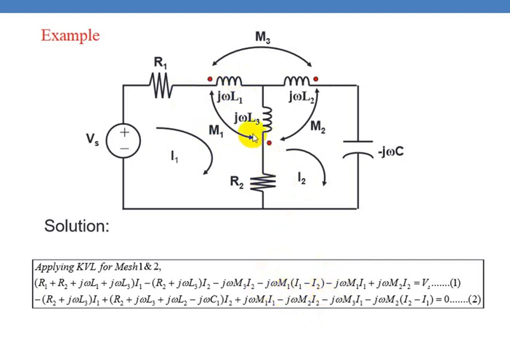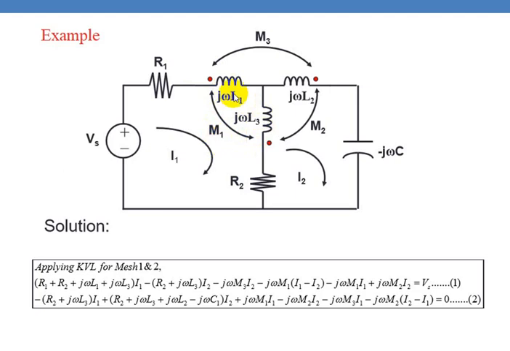Then coming to this coil, the mutual inductance is again M1. So you have to write j omega M1 into, what is the current in this coil? It is I1. So j omega M1 into I1.